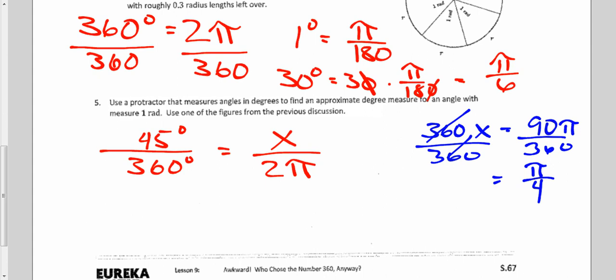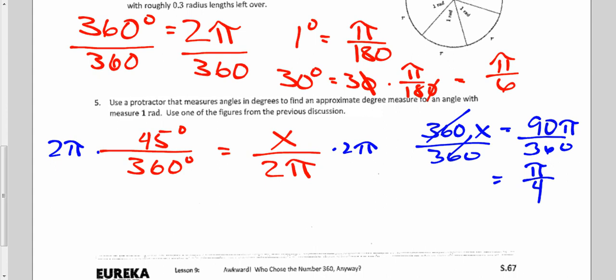Now, riddle me this, Batman. Did I do one more step than I needed to? What does the right-hand side of this equation in red say? It says x divided by 2 pi, right? How do I undo divided by 2 pi? Multiply by 2 pi. Can't I just do this and do the same thing?